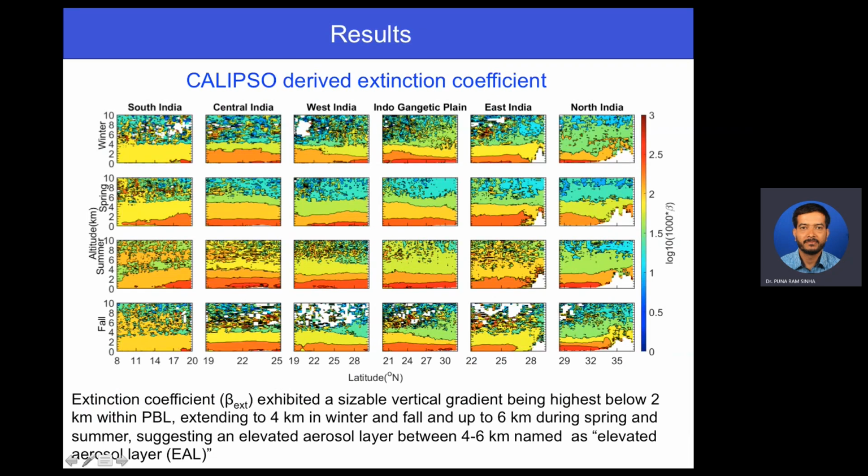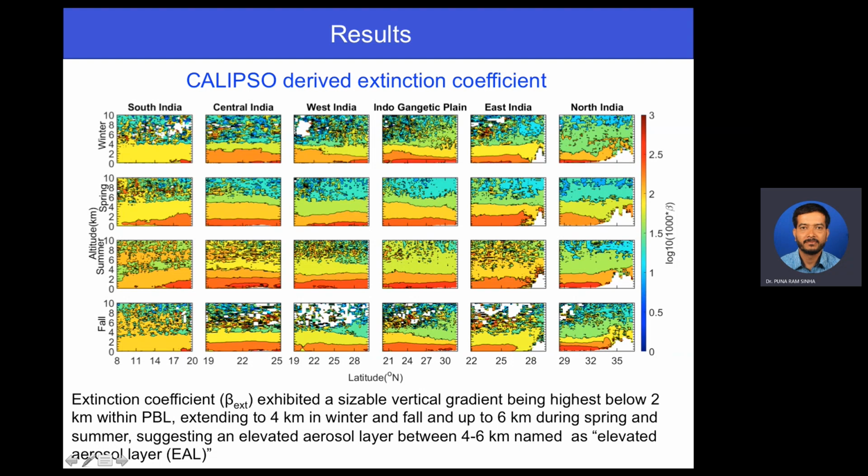This is the extinction coefficient. On the y-axis you have altitude, and rows are for different seasons ranging from winter to fall, and the color bar shows the extinction coefficient in logarithmic scale.